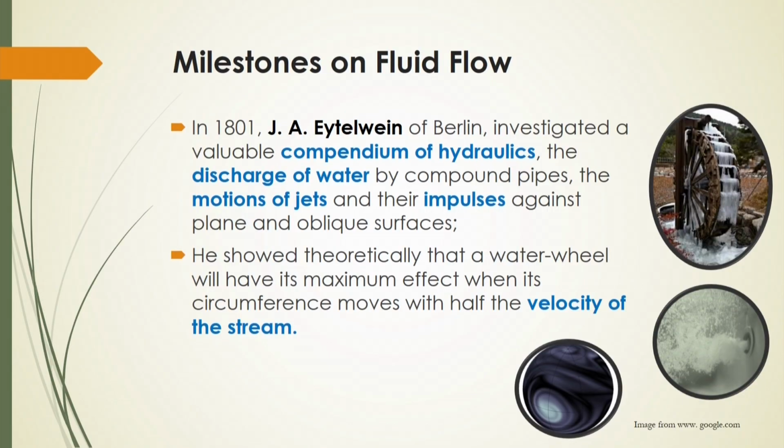After that, in 1801, Gerstner of Berlin investigated a valuable compendium of hydraulics: the discharge of water by compound pipes, the motions of jets and their impulses against plane and oblique surfaces. He showed theoretically that a water wheel will have its maximum effect when its circumference moves with half of the velocity of the stream.